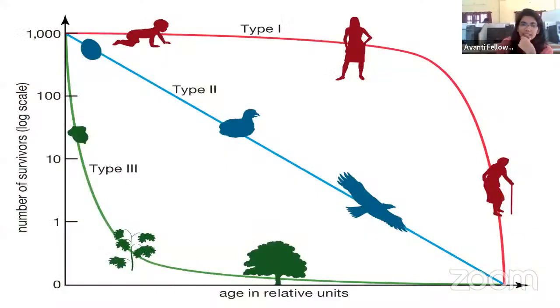What is it indicating? Let's take the example of a human. Here, humans are born and they will be living up to the end of their lifespan and then they will die. Which means the age-relative units will stay the same, but suddenly they will decrease when the human is dying.